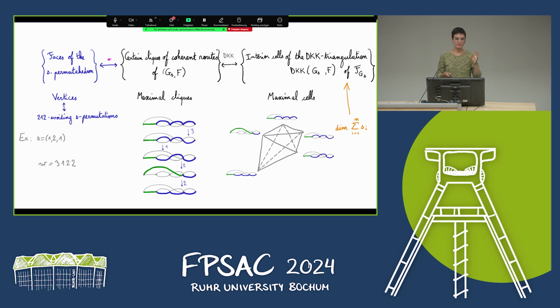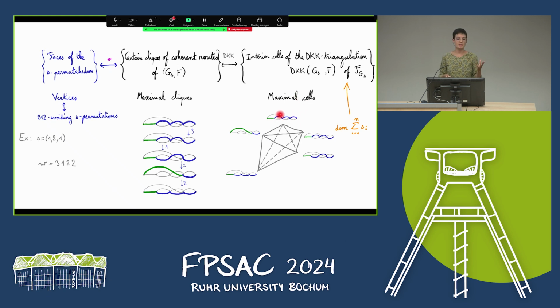So we have the bijection between the s-permutations and the maximal cells of the DKK triangulation, and we could show that the other faces of the s-permutahedron are in bijection with all the interior cells of the DKK triangulation, which means the cells that are not on the boundary.